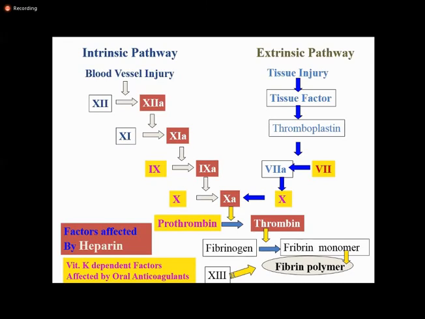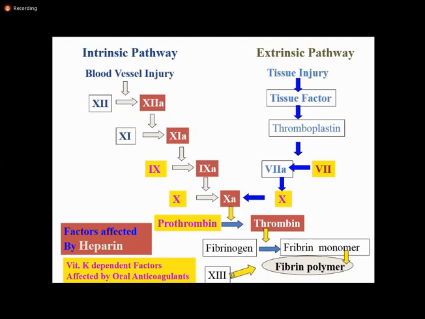The ultimate goal of the intrinsic pathway or extrinsic pathway is to activate factor 10. Both pathways are responsible for activating factor 10. Why is this activation of factor 10 necessary? Because activated factor 10 is going to activate prothrombin, which is factor 2, into thrombin, right?